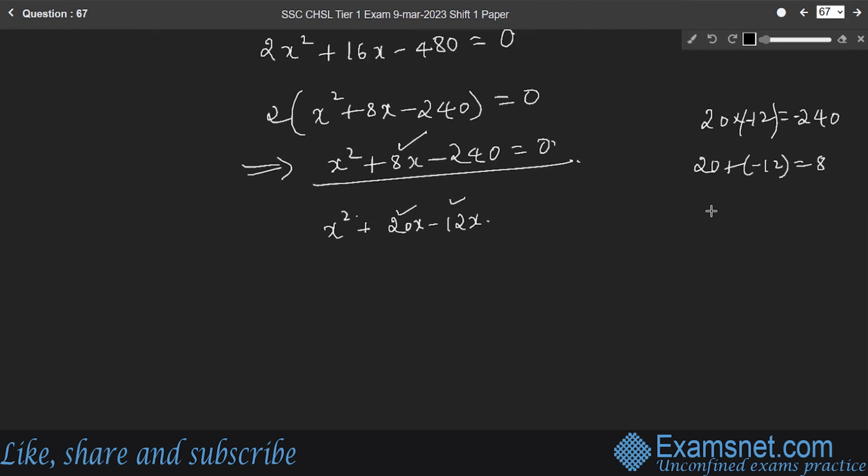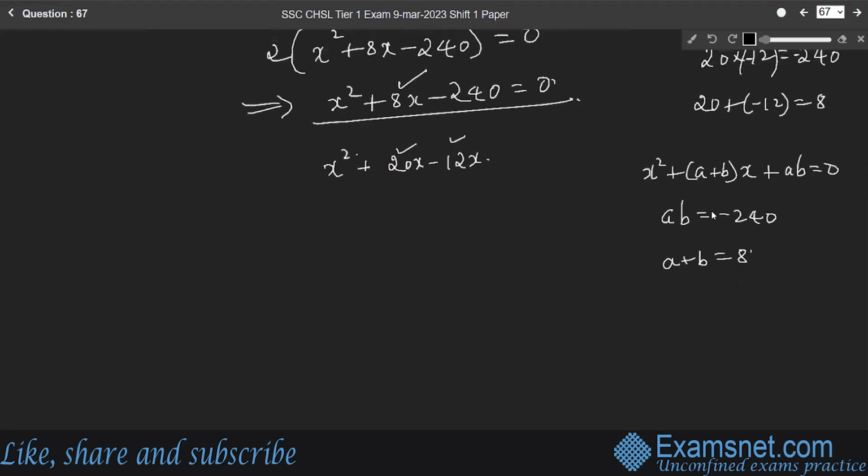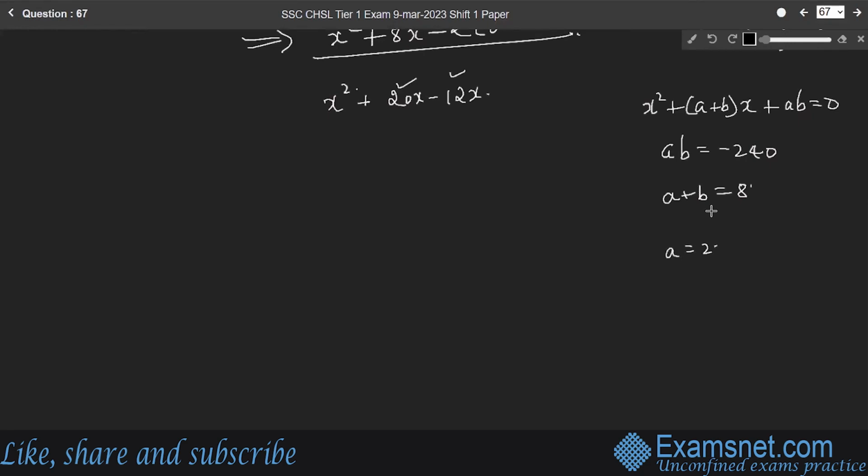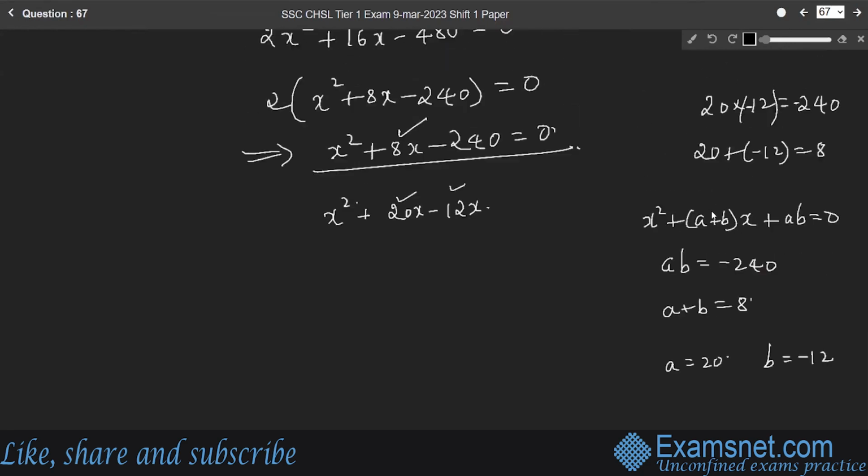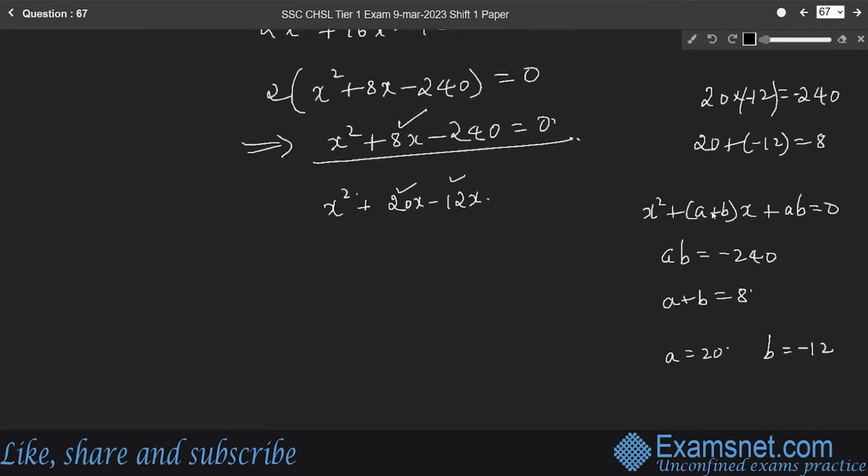Because the quadratic equation is in the form of x square plus a plus b into x plus ab is equal to 0. Where ab is minus 240, a plus b is plus 8. Right? Therefore, a is equal to 20, b is equal to minus 12. Therefore, we can split the middle term, which is 8x, as 20x minus 12x minus 240 is equal to 0.